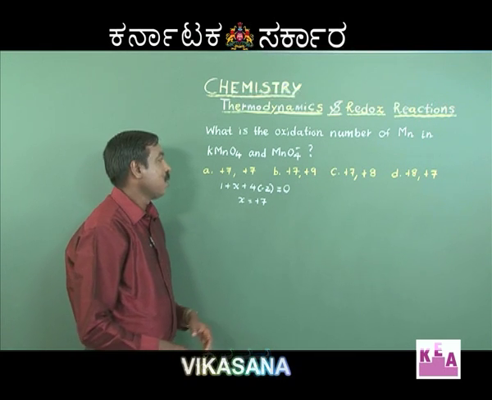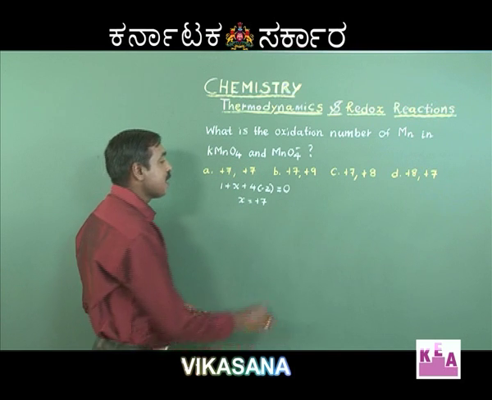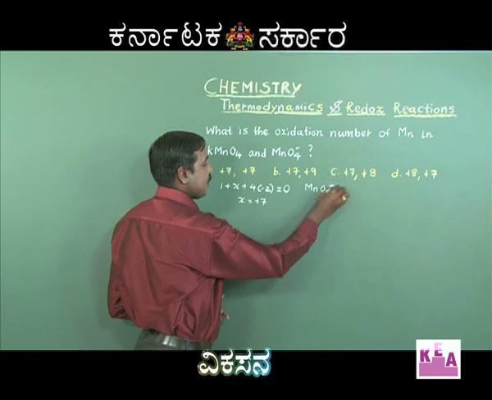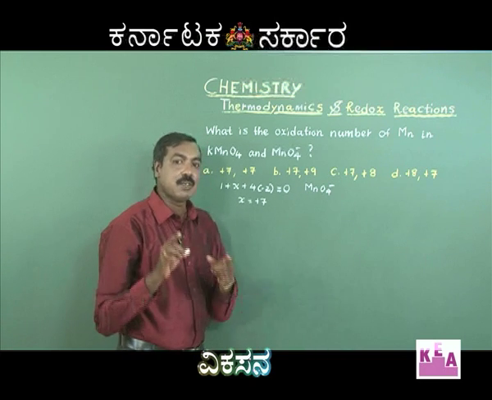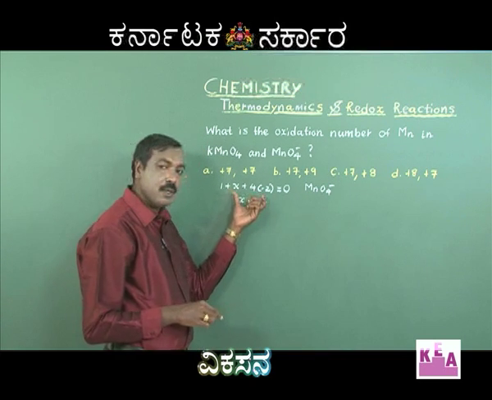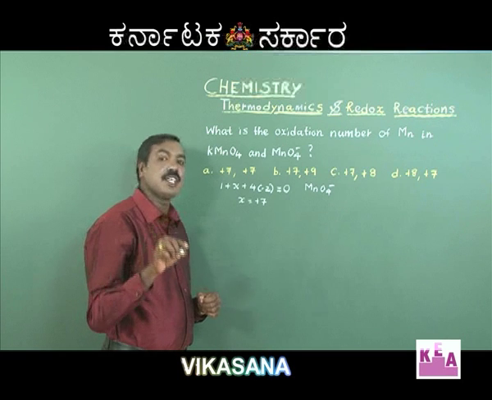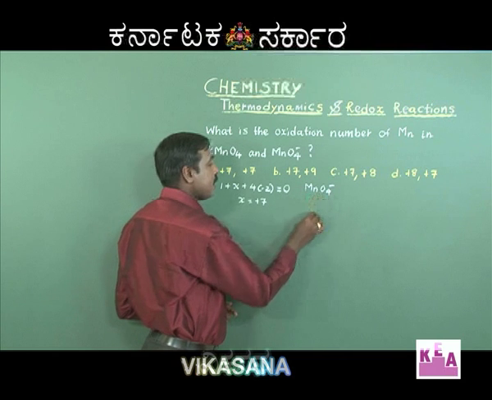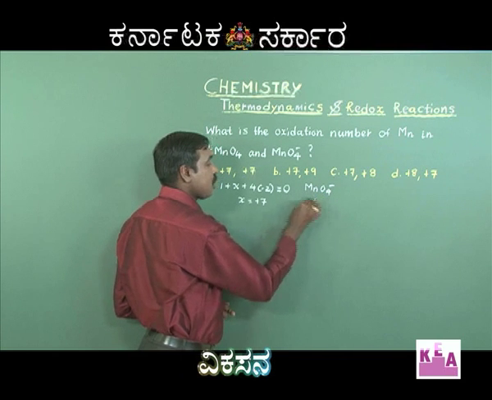Again, what is the oxidation number of manganese in MnO4 minus? The rule says the sum of oxidation numbers is equal to 0 in a compound, while for an ion the sum is equal to the charge possessed by it. I want to calculate the oxidation state of manganese.